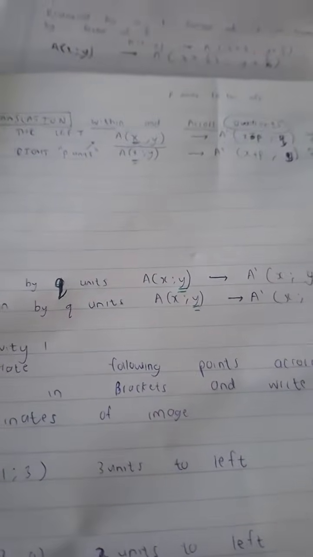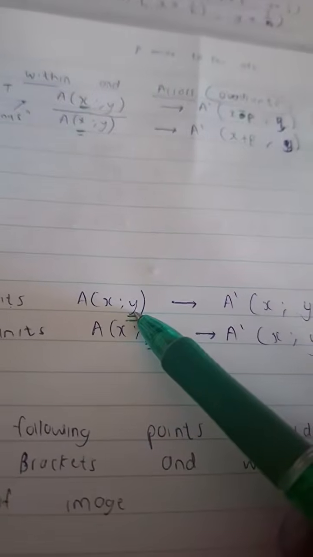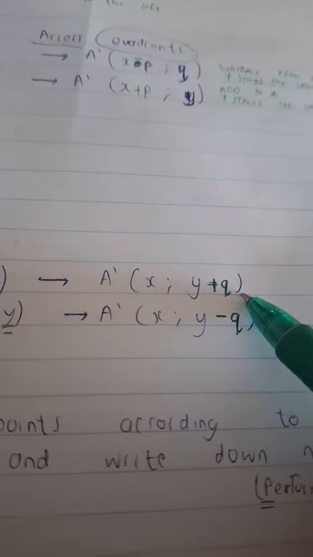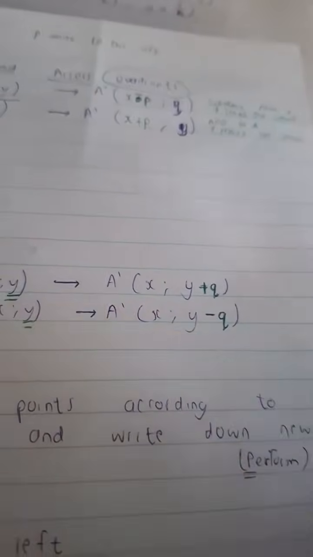Up movement affects y, down movement affects y. Now with our up movement by q units, we are going to add q units to y. If we are moving down by q units, guys, then it means we are going to subtract q units from y.